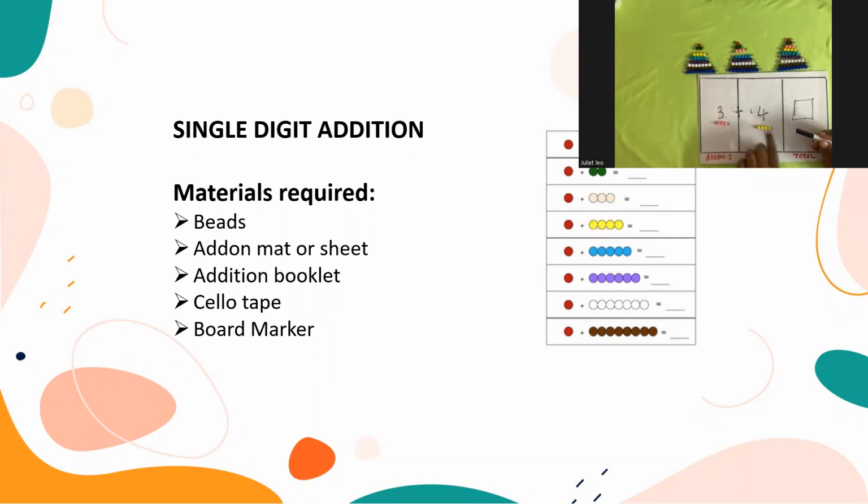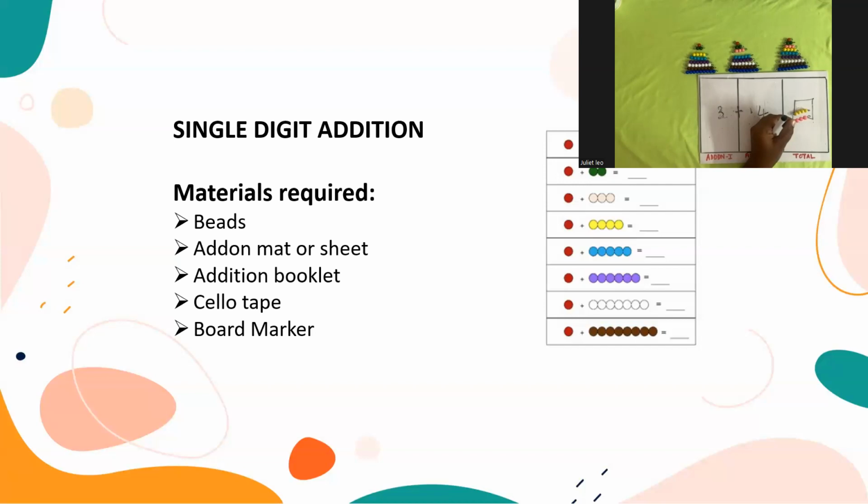We need to explain addition as adding together or joining together. Keep everything in this particular box, which is called the total box. Now we add in such a way: 1, 2, 3, 4. After that, 5, 6, 7.